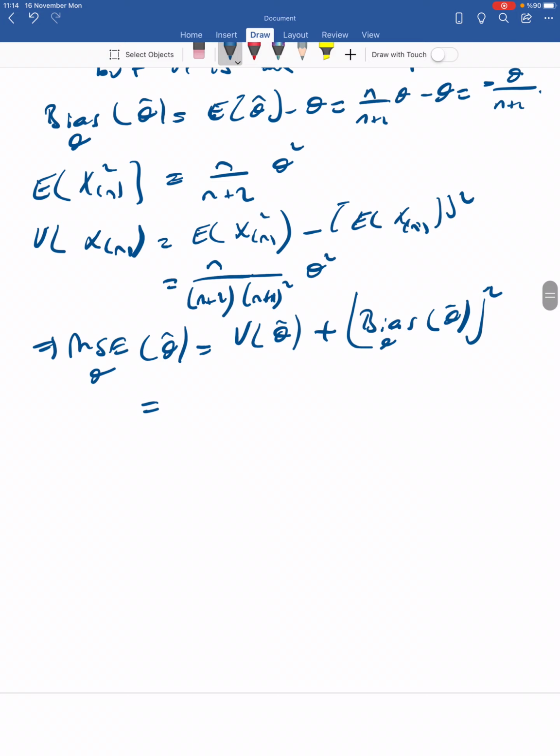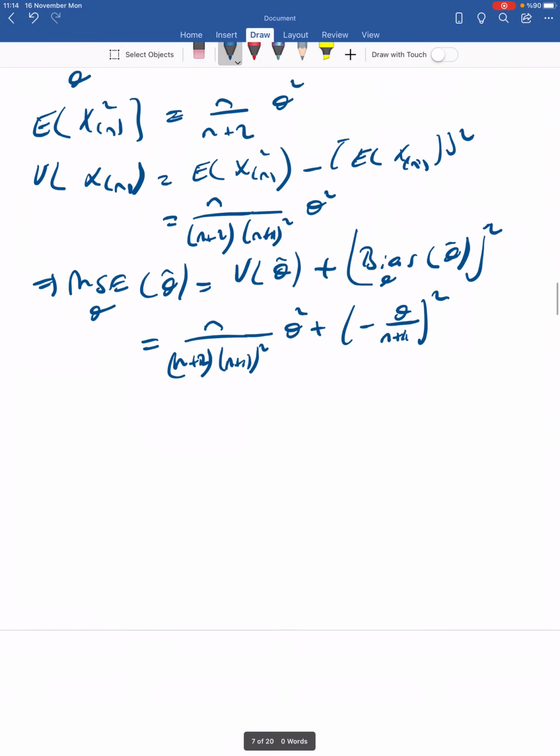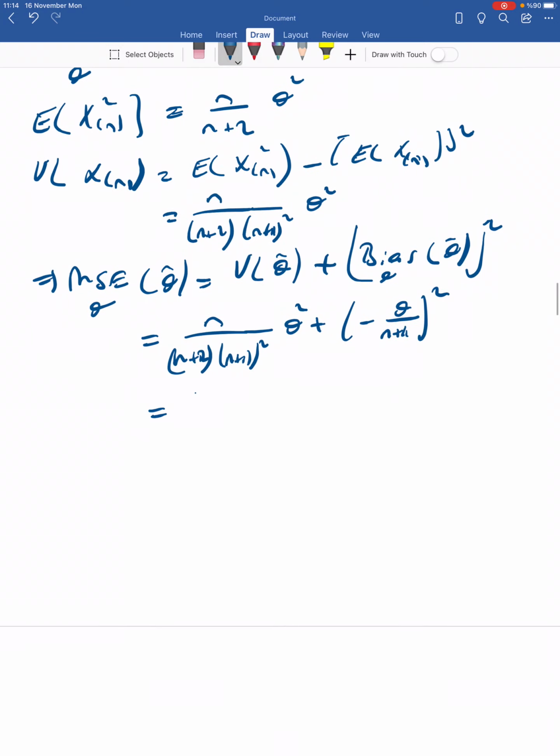The variance of theta hat is n plus 1 whole squared theta squared, plus we obtain the bias as minus theta over n plus 1. Take the square, and when we calculate, we obtain 2 theta square over n plus 2 n plus 1.